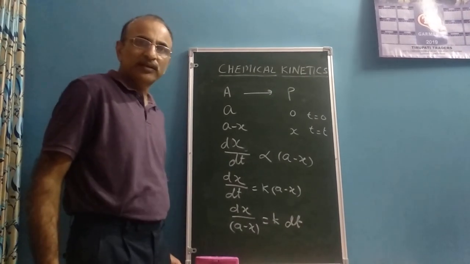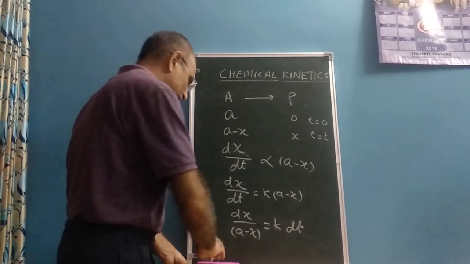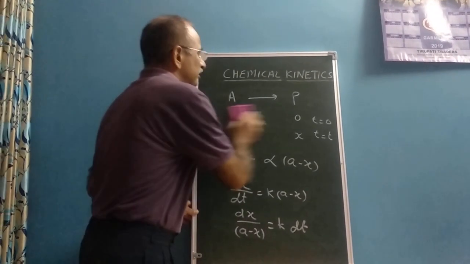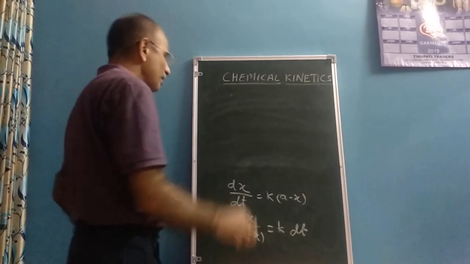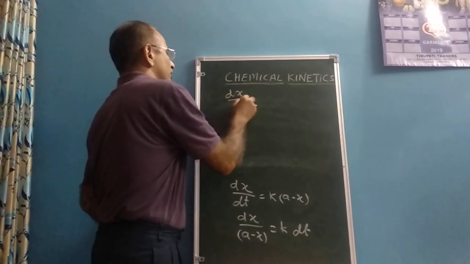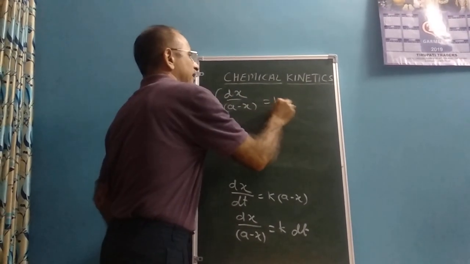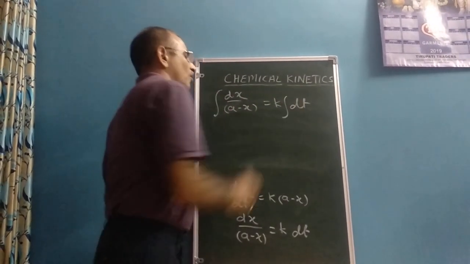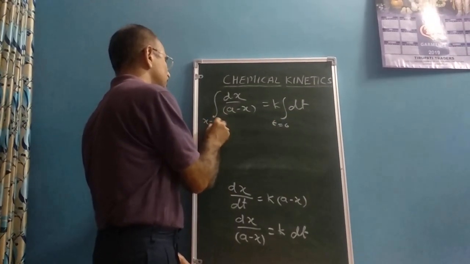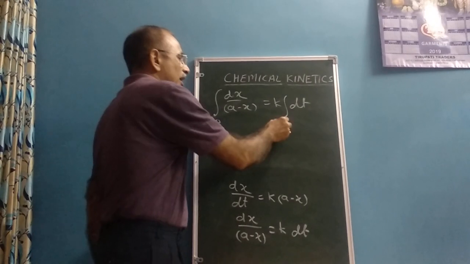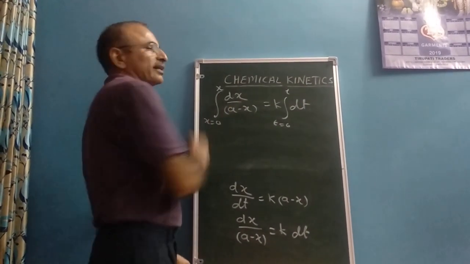Now we have to find the total rate. For that, we just have to integrate it. After integration we get the integral of dx by A minus x equals the integral of k dt. When time t was 0, the amount of x was 0, and at time t equal to t, the amount of x was x.